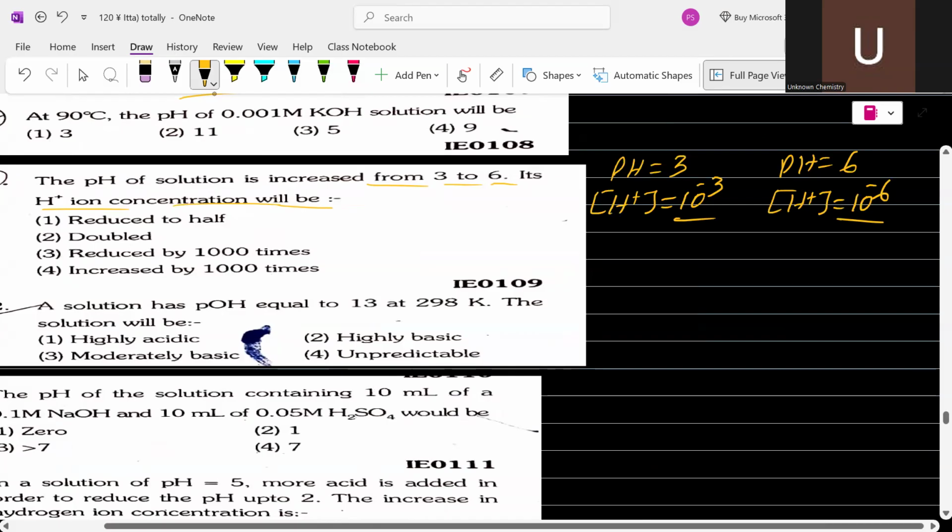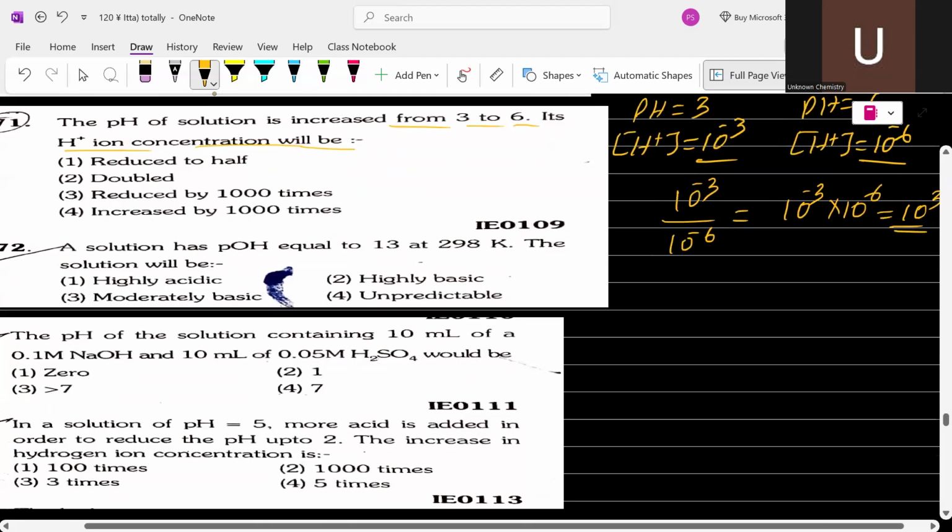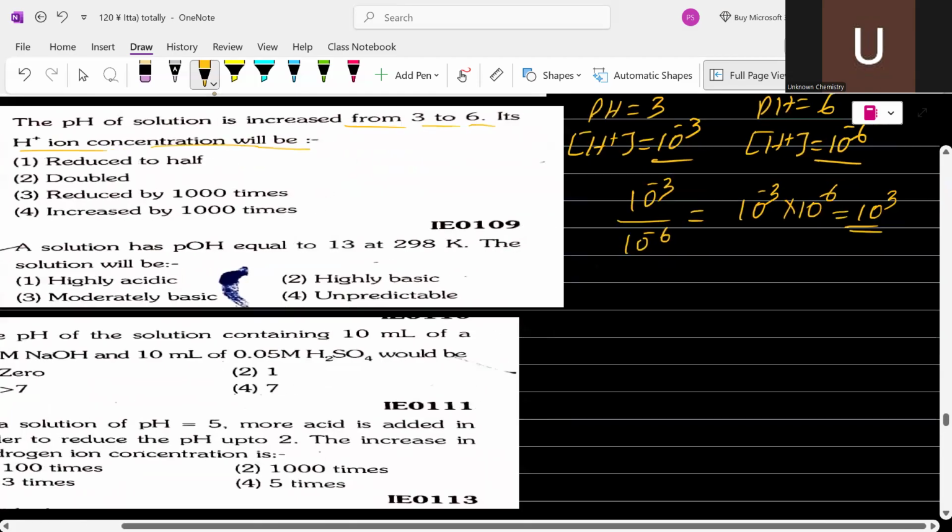We can take the ratio also. Suppose here 10 raised to power minus 3 divided by 10 raised to power minus 6. It will become 10 raised to power minus 3 into 10 raised to power 6, or 10 raised to power 3. So how much has it increased? 1,000 times.